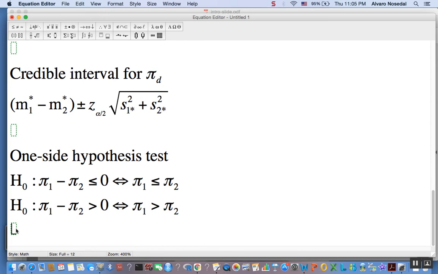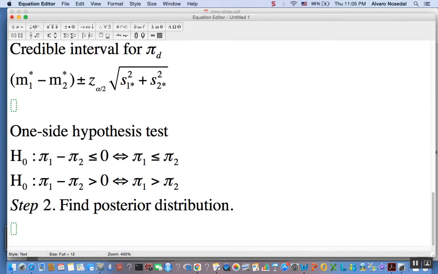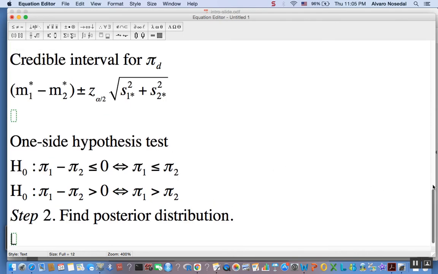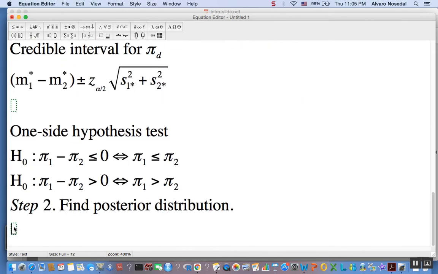Step 2, you find your posterior distribution, and we know that we're going to be approximating the posterior distribution with this normal. Okay, then once you have your posterior distribution, which is going to be normal, you find the posterior probability of H naught.